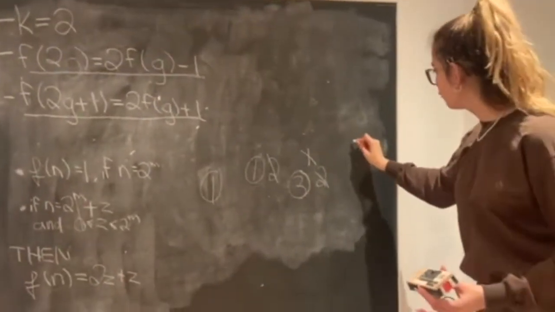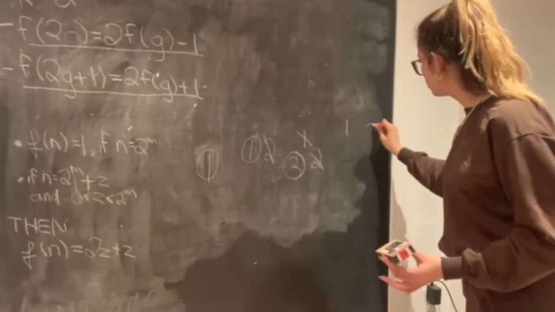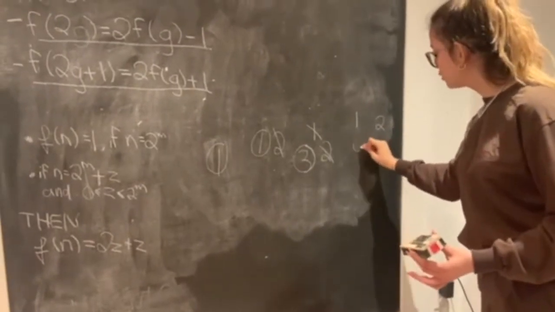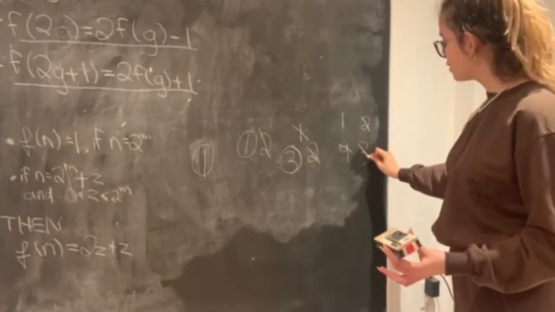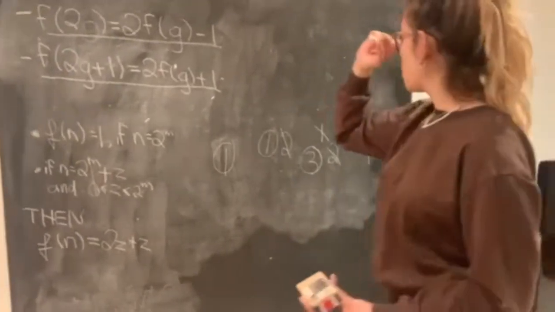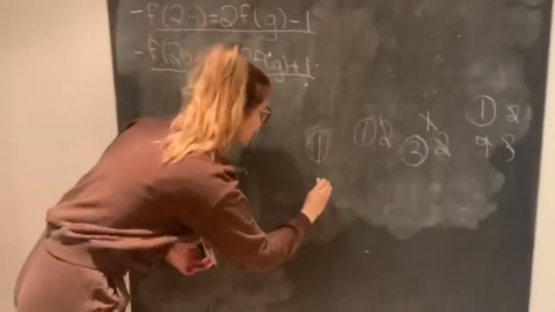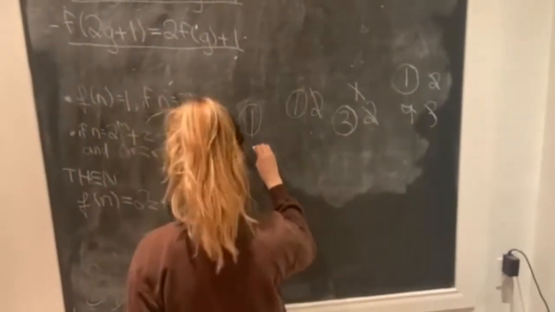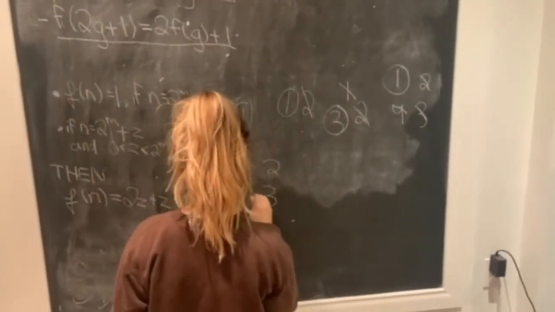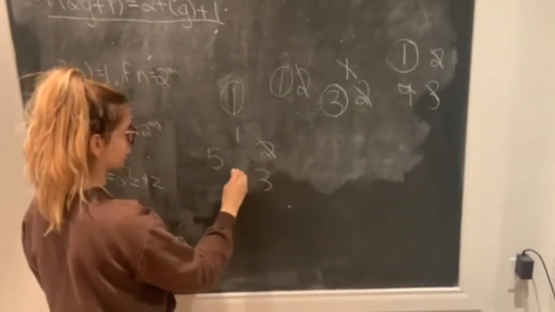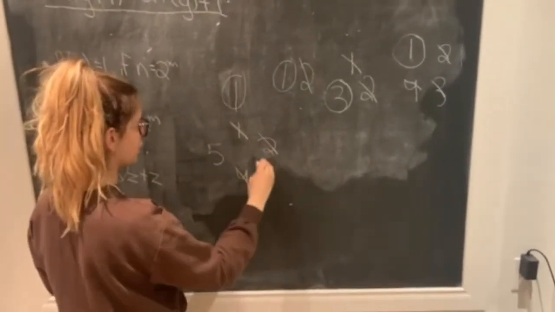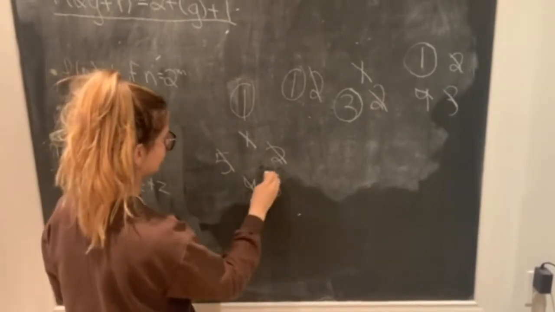Let's say we did 4 people. 1, 2, 3, 4. This is the example we did. 1 kills 2, 3 kills 4, 1 kills 3, 1 wins. Let's say we did 5 people. 1 would kill 2, 3 would kill 4, 5 would kill 1, 3 would kill 5, 3 is the winner.